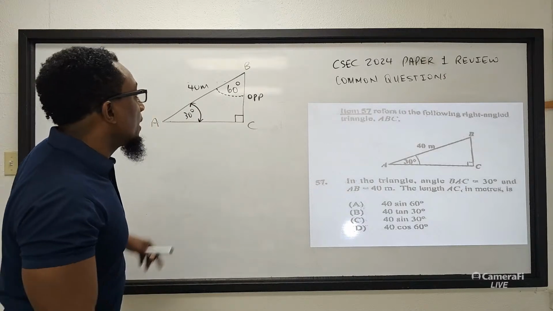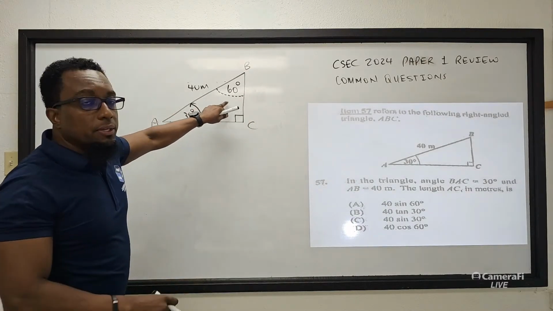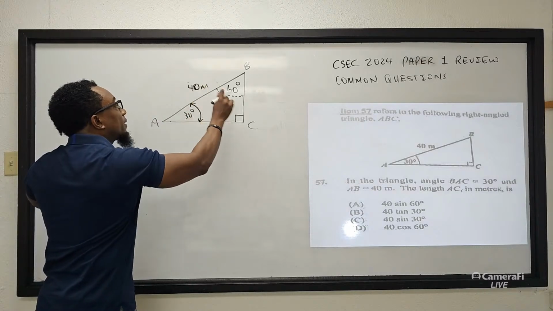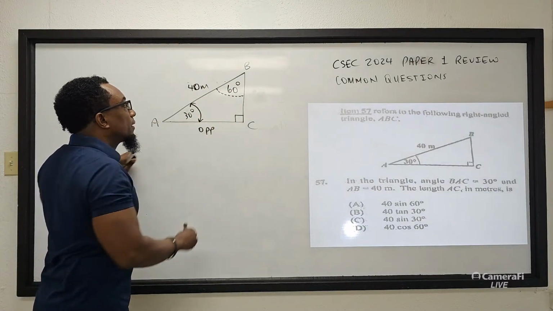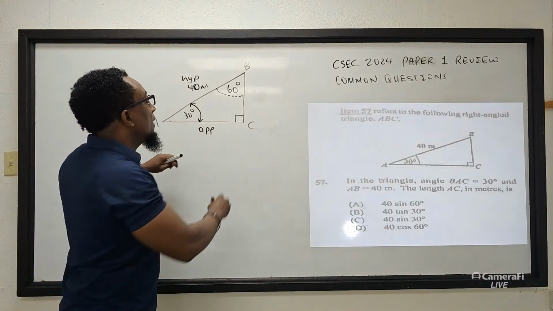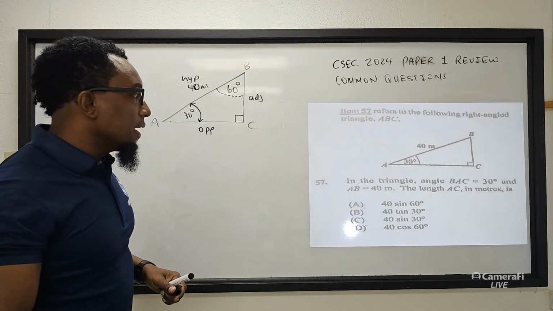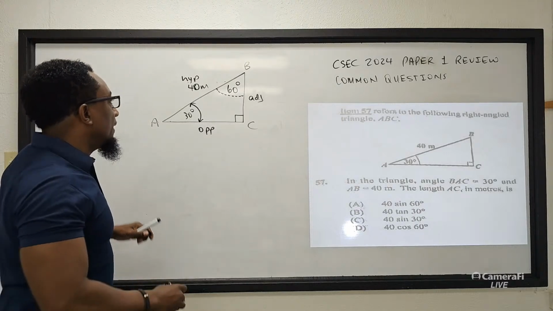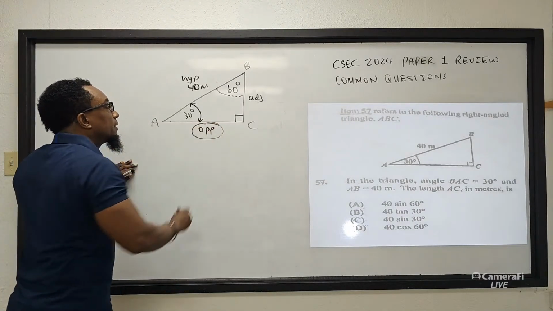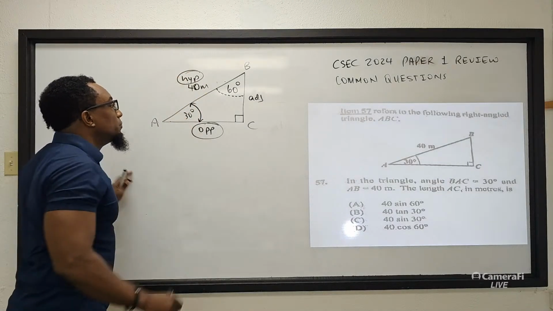And look at it here now. I'm going to label my triangle based on this acute angle. So this will be opposite. This is the side hypotenuse. It's opposite the right angle. And this remaining side is the adjacent side. Good? And you want to find opposite, which is AC, given information for hypotenuse.